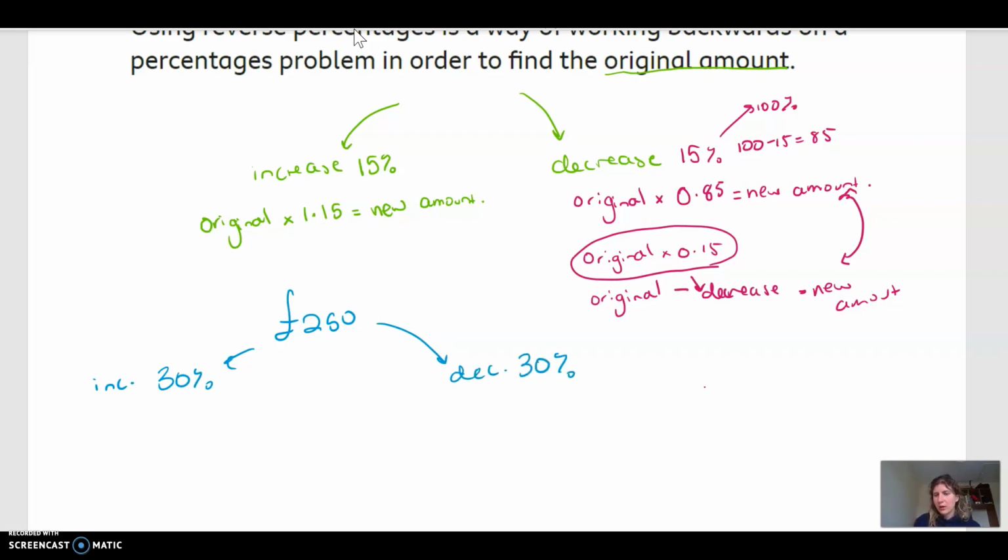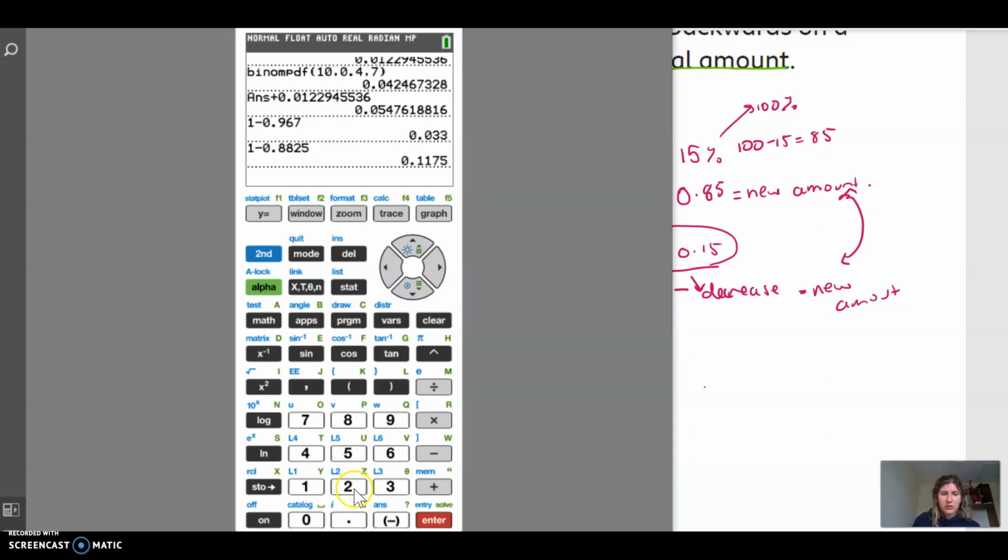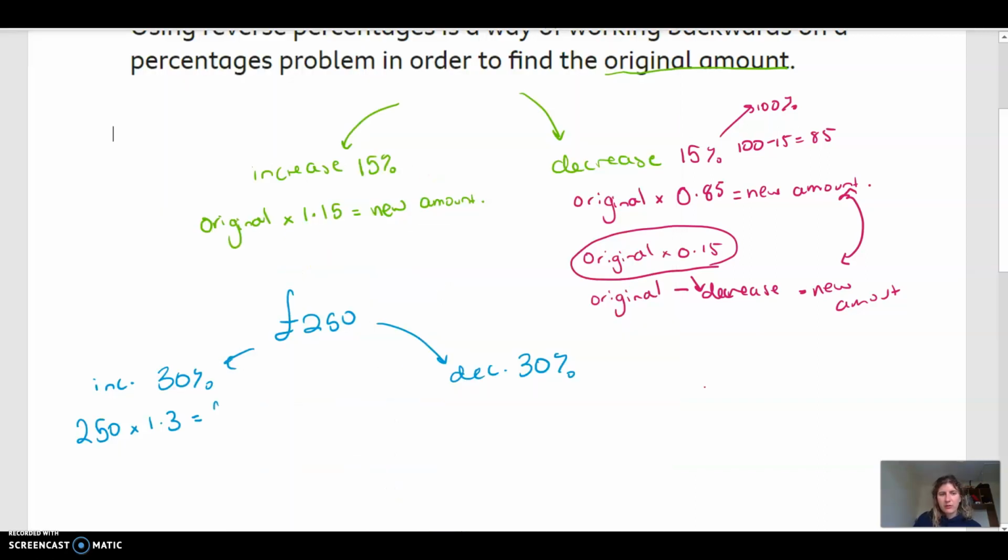And I'm going to show you the fact that this is going to be the same for that. So if we're increasing by 30%, we take our £250, we times that by 1.3, because that's our 130%. We've got 100% of the original, and then we're adding on another 30%. And so that gives us 250 times by 1.3. Okay, and you get 325.